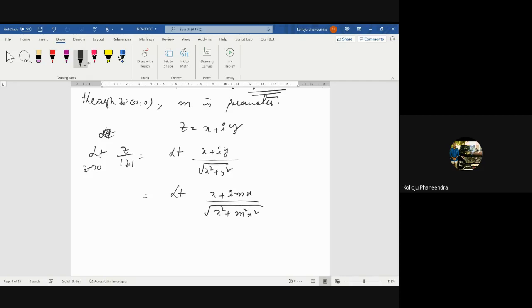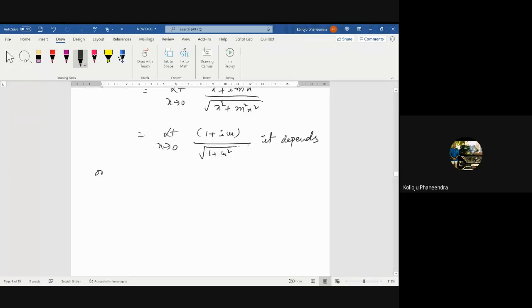All the terms are in terms of x, therefore limit x tends to 0, that is (x, y) tends to 0. Now x is common, so 1 plus im by root of 1 plus m square, and the x terms get cancelled. Limit x tends to 0: it depends on the value of m.